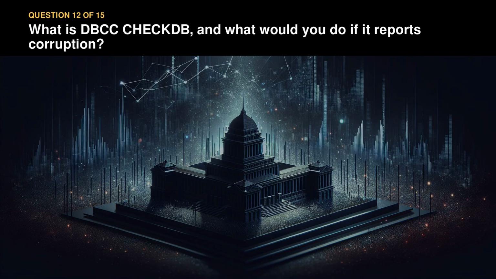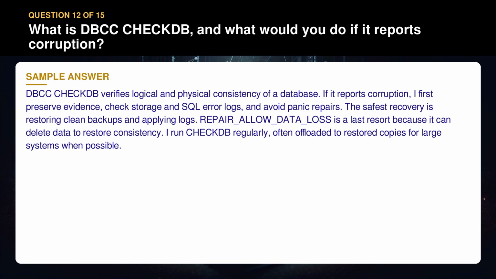Question 12. What is DBCC CHECKDB, and what would you do if it reports corruption? DBCC CHECKDB verifies logical and physical consistency of a database. If it reports corruption, I first preserve evidence, check storage and SQL error logs, and avoid panic repairs. The safest recovery is restoring clean backups and applying logs.